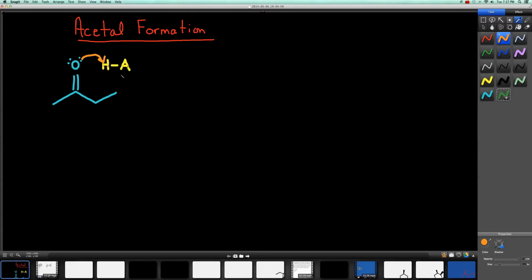And so one of the lone pairs of the oxygen atom will abstract this hydrogen, and the HA bond is going to break heterolytically, leaving us with A- as the conjugate base, and the protonated 2-butanone. And what this really accomplishes is activating the carbonyl carbon as an electrophile.